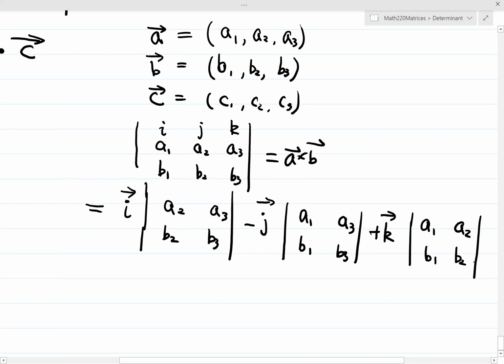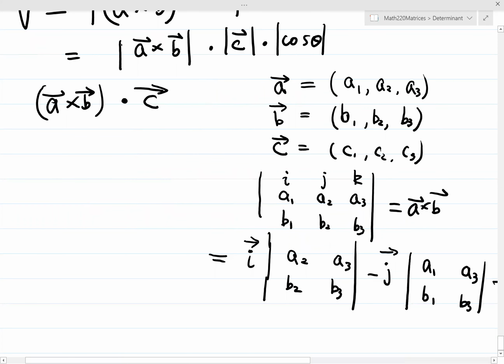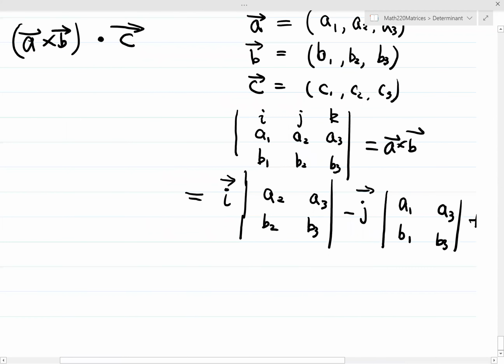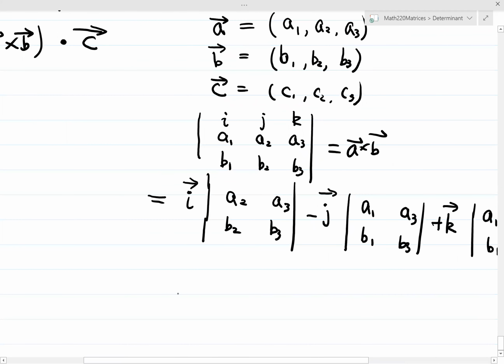Now if we take A cross B dot C, where C is C1 I plus C2 J plus C3 K, remember I, J, K are mutually orthogonal, so their dot products are 0.